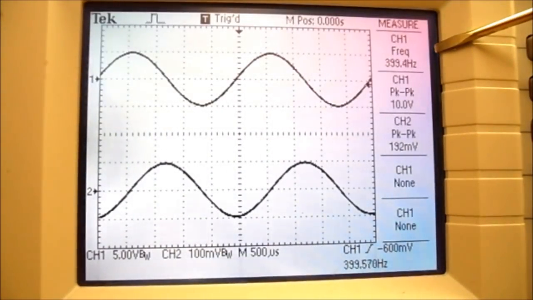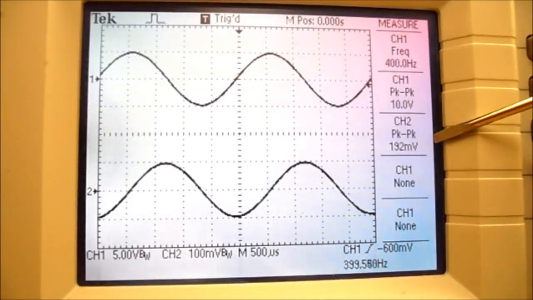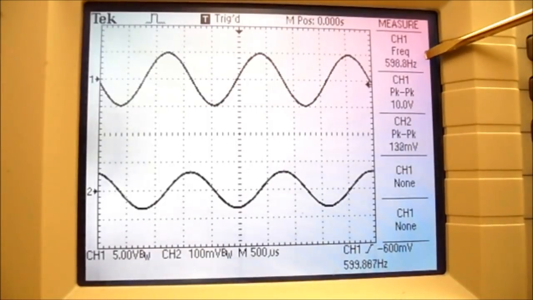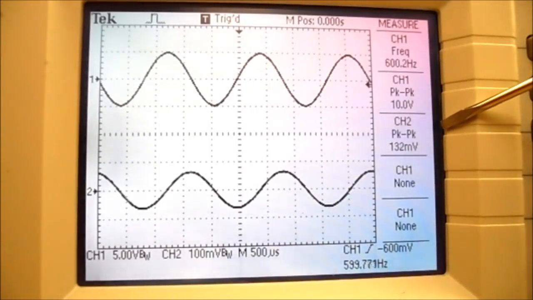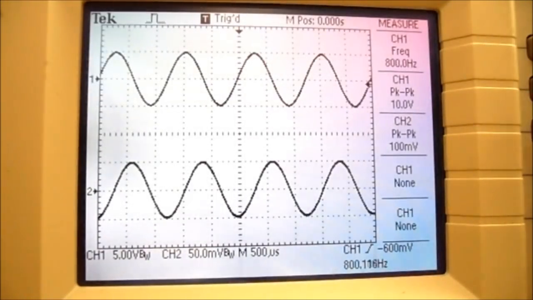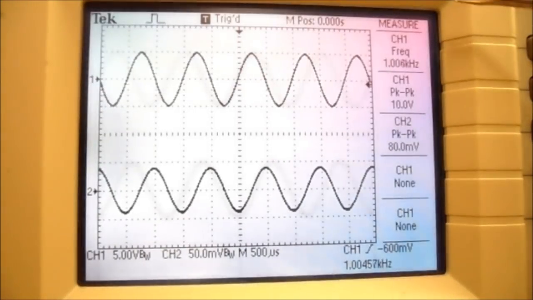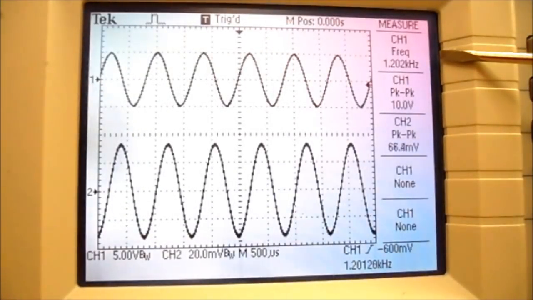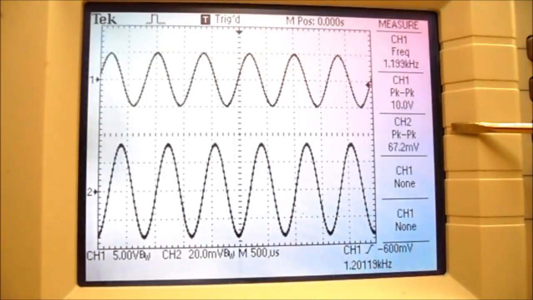At 400 hertz, the voltage across my capacitor is 192 millivolts. At 600 hertz, it is 128 millivolts. At 800 hertz, 98 millivolts. At 1 kilohertz, 80 millivolts. At 1.2 kilohertz, 66.4 millivolts.